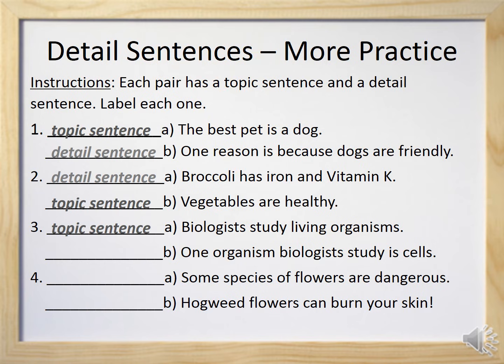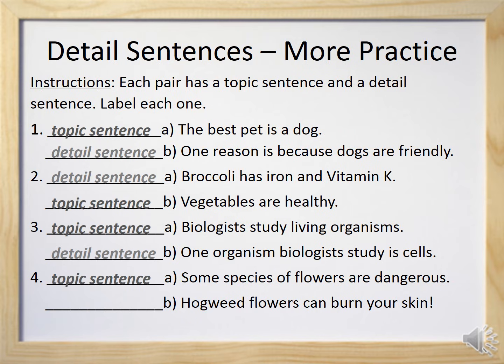Number 3, A is a topic sentence and B is a detail sentence. Why? Well, the topic sentence A says biologists study living organisms, and detail sentence B gives us an example of an organism that biologists study.